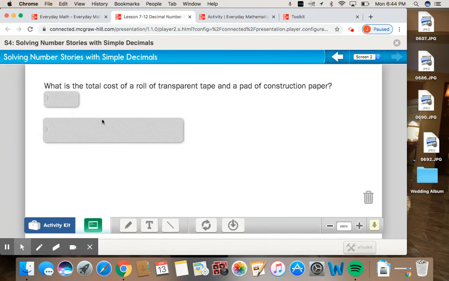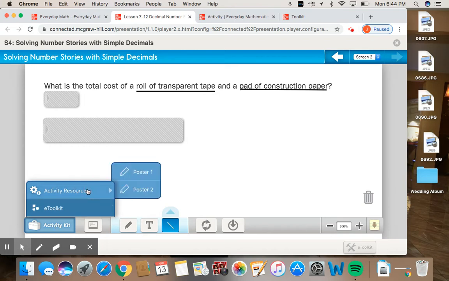How about this question? What is the total cost of a roll of transparent tape and a pad of construction paper? So I want to go find these two on my posters. First, I'm going to find a roll of transparent tape. So I'm going to open up my activity kit.